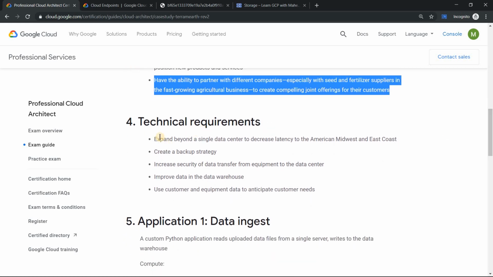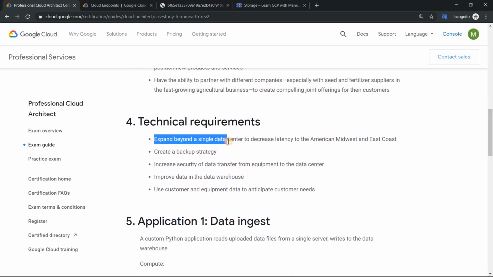Moving on to the technical requirements: expand beyond a single data center to decrease latency to the American Midwest and East Coast. If you look into the case study, they are currently in one single region, to be very specific, in a specific zone. Definitely they want to expand between US West and East. So you can expect a few questions on where you want multi-regional resources.